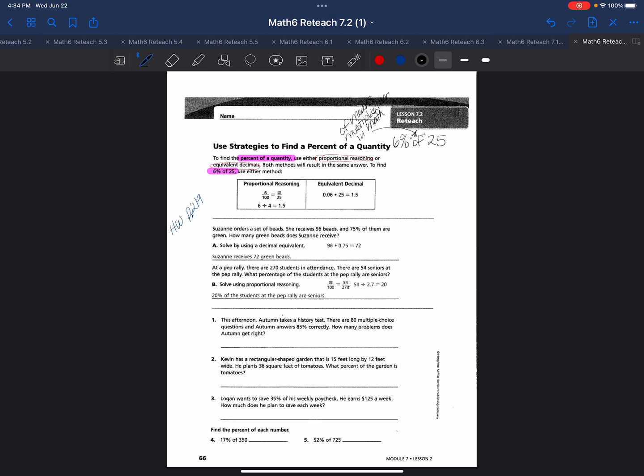So remember when we say 6%, again from our last lesson, percent means out of 100. So if we say 6% of 25, that means 6 out of 100, 6 hundredths. Now again, remember our place value.